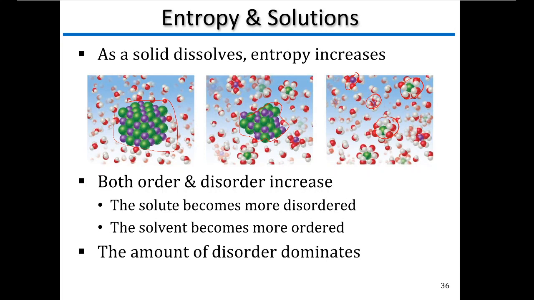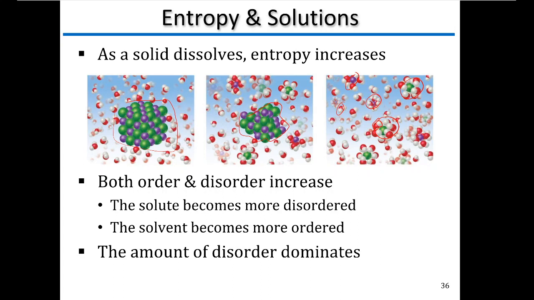So what have we done? We've increased their degrees of freedom by separating them from each other, by simply dissolving them into a solution. The solute becomes more disordered, and the solvent in this case can actually become slightly more ordered if you think about it, since now we have water molecules associated with a specific ion. So they're actually gaining order. But in this particular case, the amount of disorder strictly dominates.